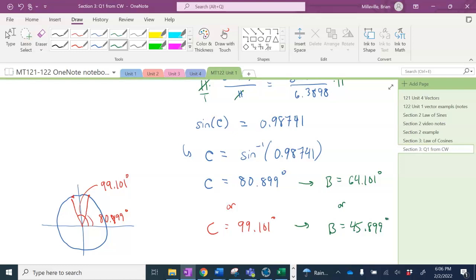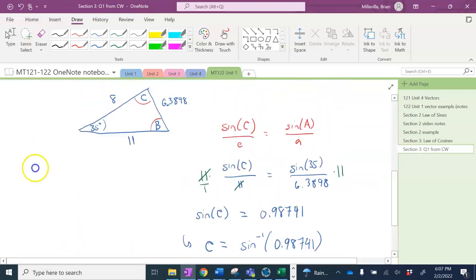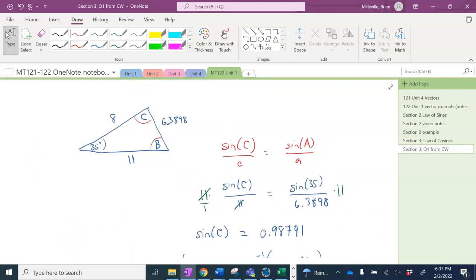All right, so is it the pair where we have 80.899 and 64.101, or is it option 2, right, where we have 99.101 degrees and the corresponding angle B being 45.899? It turns out it's going to be the second one, and it's not super obvious why in this case, especially when you're freehand drawing stuff like we did up above here.